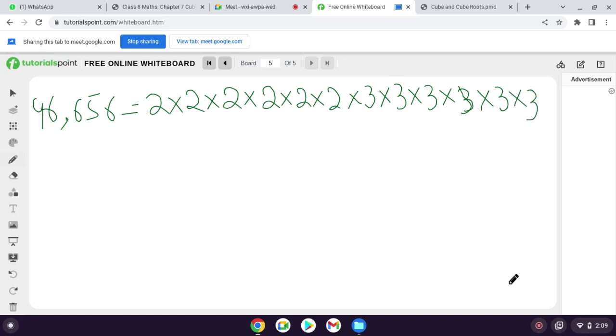Do you think it is making a perfect cube root? Yeah, ma'am. Yes. 2 cube, 2 cube, 3 into 3. This is how you can find the cube root of any number. Any question?